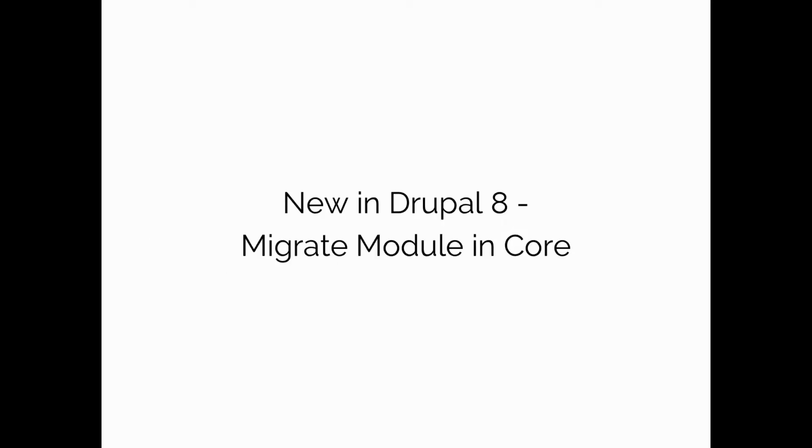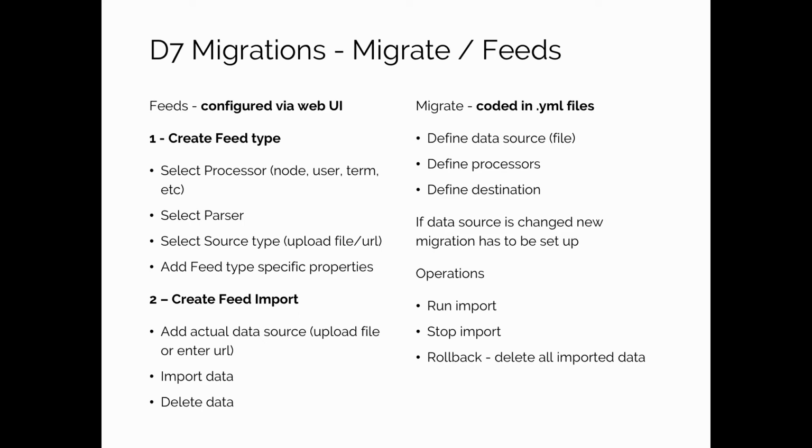A big difference between Drupal 7 and Drupal 8 is that in 7 both Migrate and Feeds were contributed modules. So you just pick the module that is right for you, you master it, and you use it.